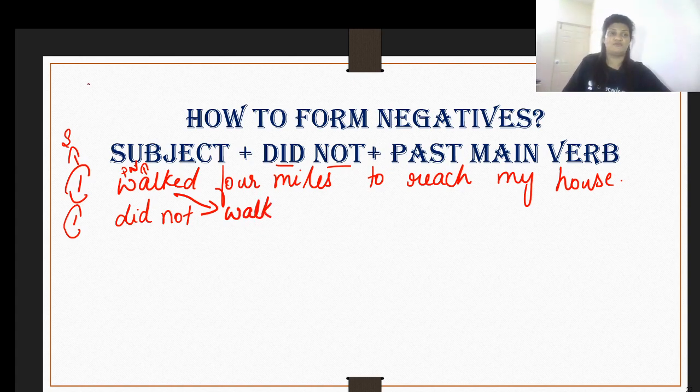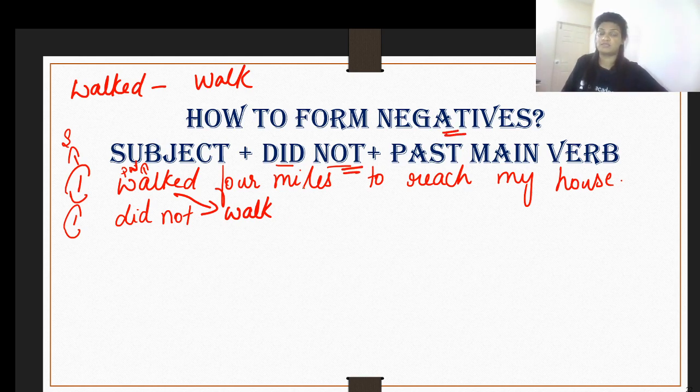The past verb walked converts itself into walk in the negative usage of past tense, because the simple past has been expressed by the auxiliary did, which means that in simple past we use did.